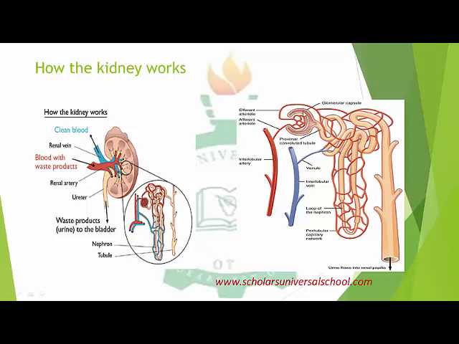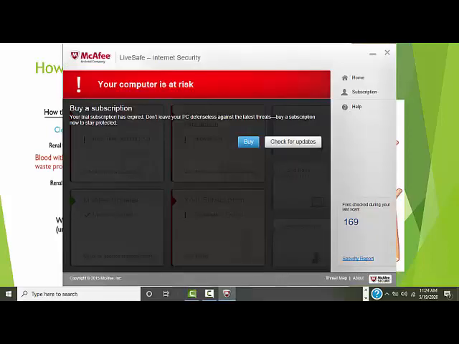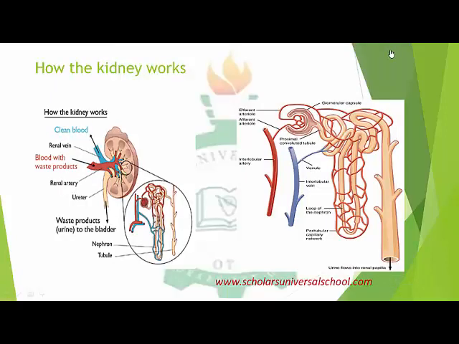Ultrafiltration selectively passes filtrates with smaller molecules into the tubules. Filtration is like separation of solid from the liquid. So some filtrates are reabsorbed into the tubules here.